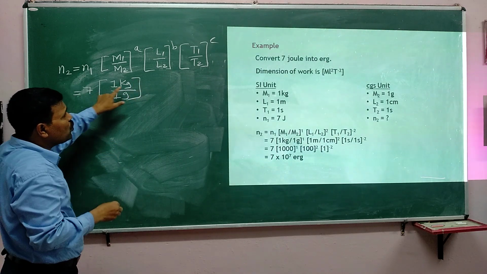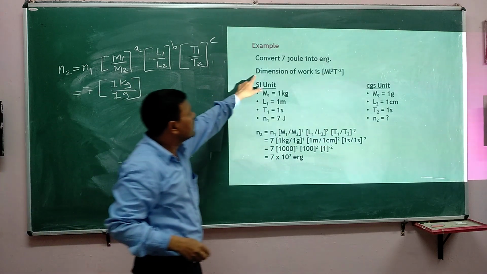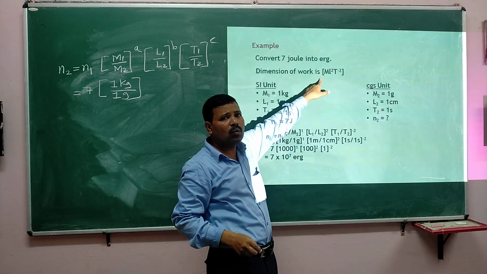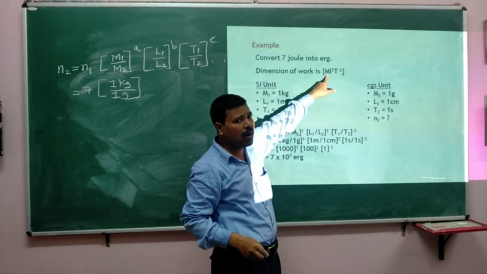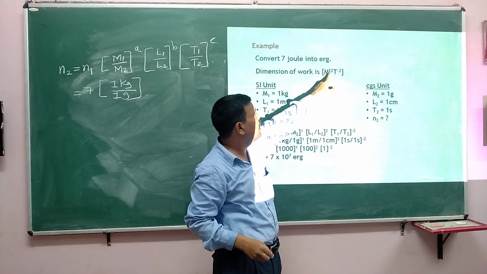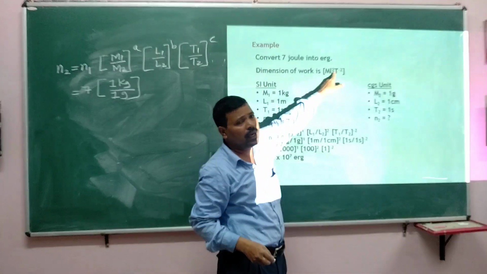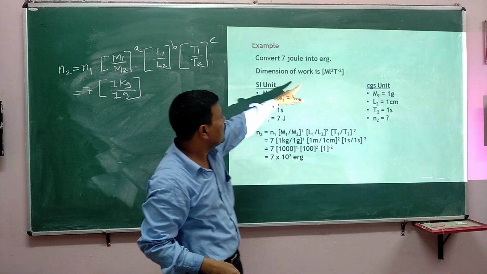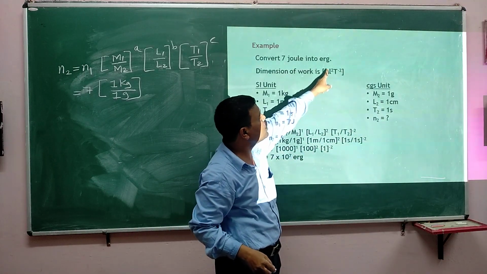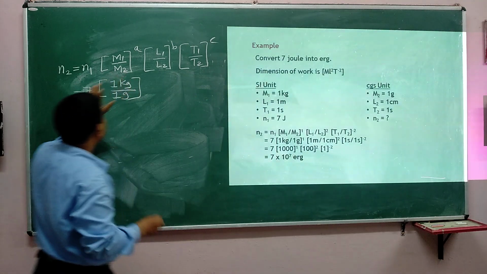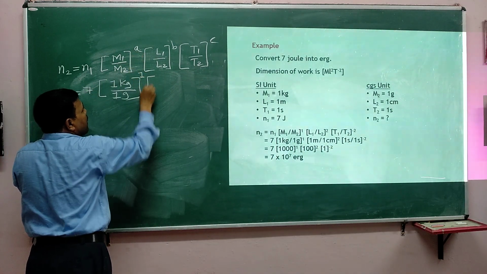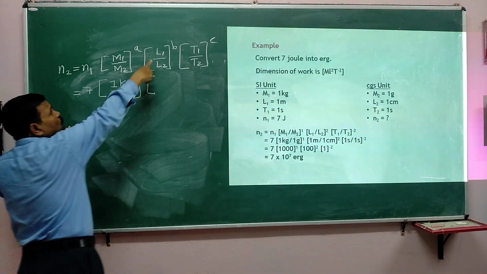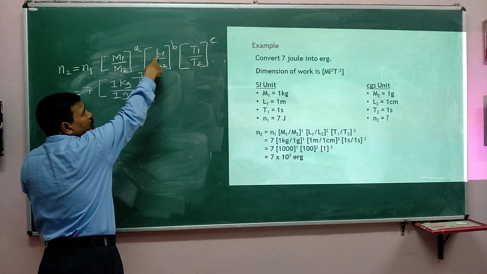How do you write this 1 kg? You look here, the dimensional formula of work. The work depends on mass raised to 1, length raised to 2, time raised to minus 2. Therefore, for mass I have written here the value of a is 1. How do you write L1?